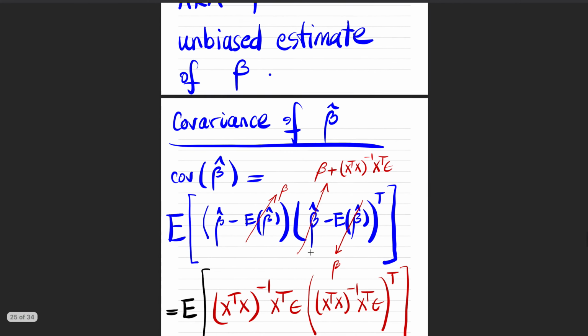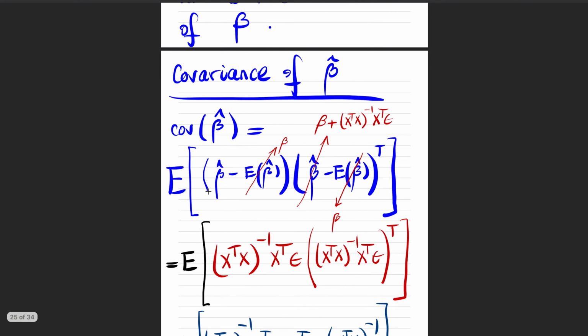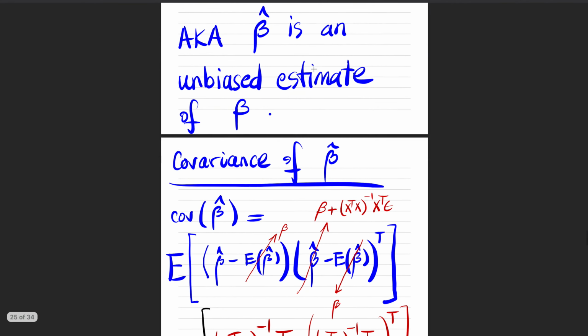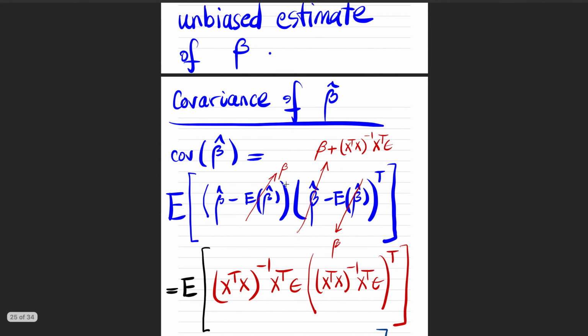Now let's look at the covariance of beta hat. The covariance of beta hat is the expected value of beta hat minus its expected value, times beta hat minus its expected value, transpose. But since the expected value of beta hat, which we just showed, is beta, we can replace this with beta.